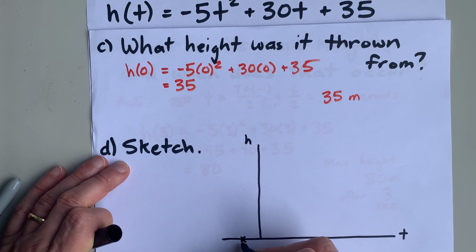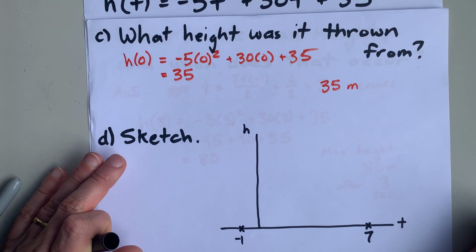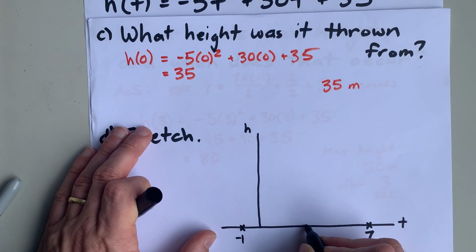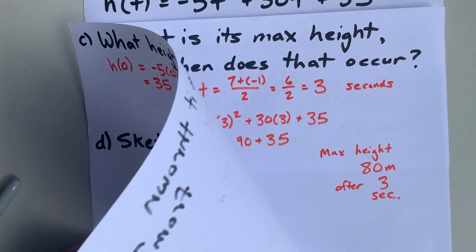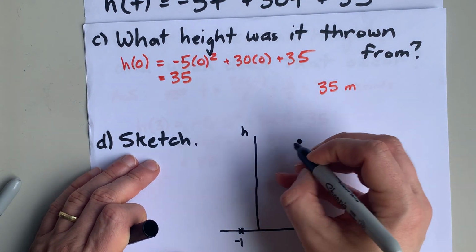So let's put one here at negative 1, and then 1, 2, 3, 4, 5, 6, 7 might be approximately here. There you go. There's my x-intercepts. My axis of symmetry is directly in between the two at 3. And when I plugged 3 in, I had a height of 80. So I'll go all the way up to here for 80.